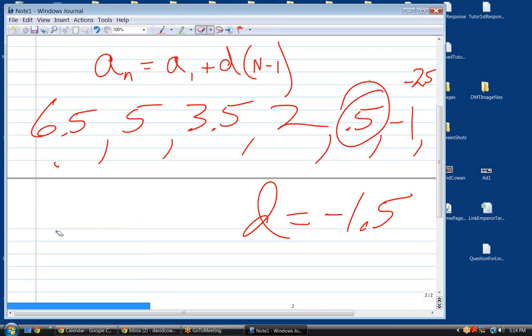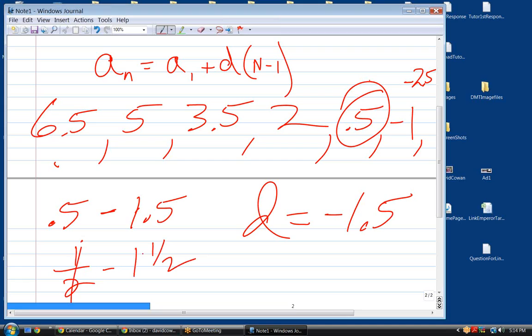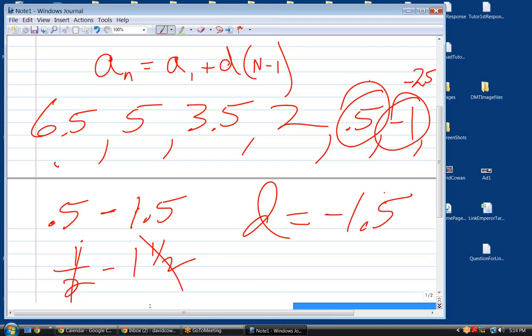Now to get the next number, I'm going to do 0.5 minus 1.5. That's negative 1, my bad. That's like 1/2 minus 1.5. The halves take care of each other, and I'm left with negative 1, and that's how we got that.